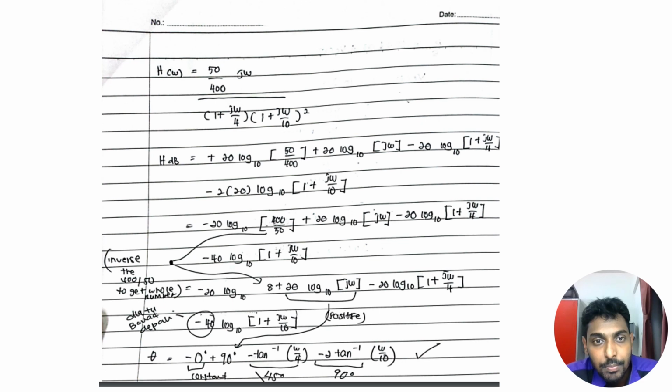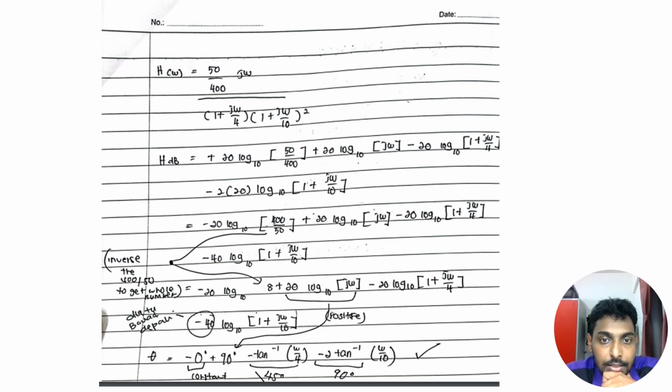At the poles, 1 plus jω over 4 will be negative 20 log, and 1 plus jω over 10 will be negative 20 log 2. We multiply the 2 with 20 because the power of 2 goes in front of the 20 log. So we multiply 2 and 20 and get 40 log. That's why the 40 log is represented here.